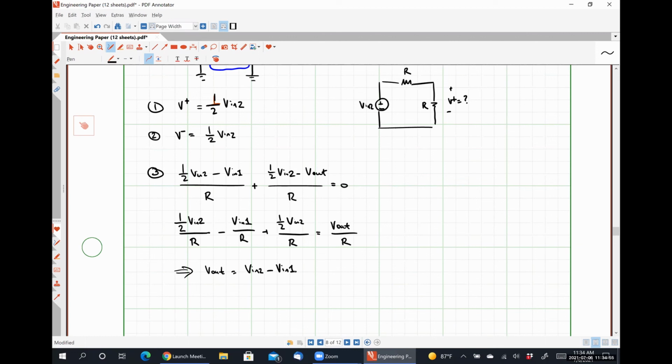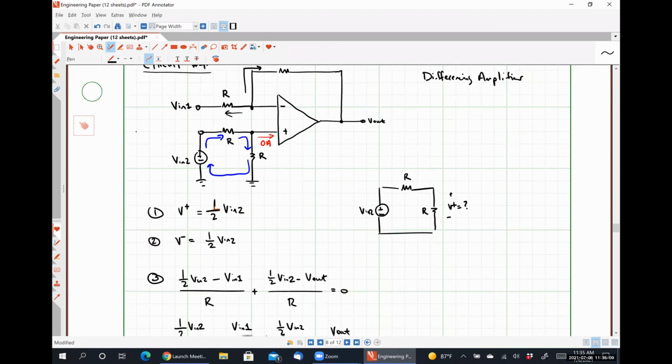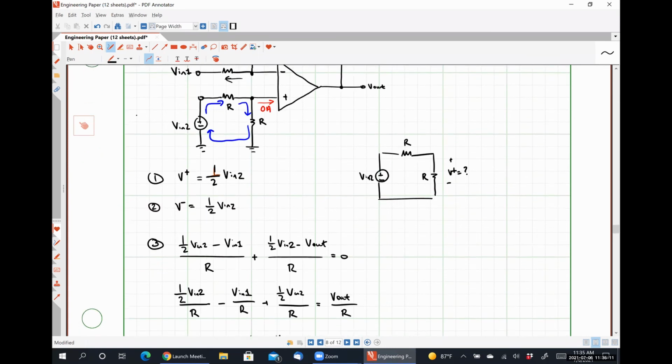So this guy is what's called a differencing amplifier, because it literally just takes the difference between the two input signals.